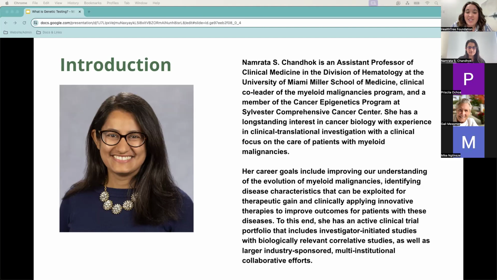At Sylvester Cancer Center, she spearheaded the development of a clonal hematopoiesis program to advance the care of patients who may be predisposed to the development of aggressive hematologic malignancies. Within the areas of drug development and cancer prevention, Dr. Chandhok aspires to further our understanding of disease biology in varied populations to provide more personalized cancer care. I'm sure with her impressive resume, you can see why we are really excited to have her on and present for us today. So with that, I'm going to go ahead and turn it over to her.